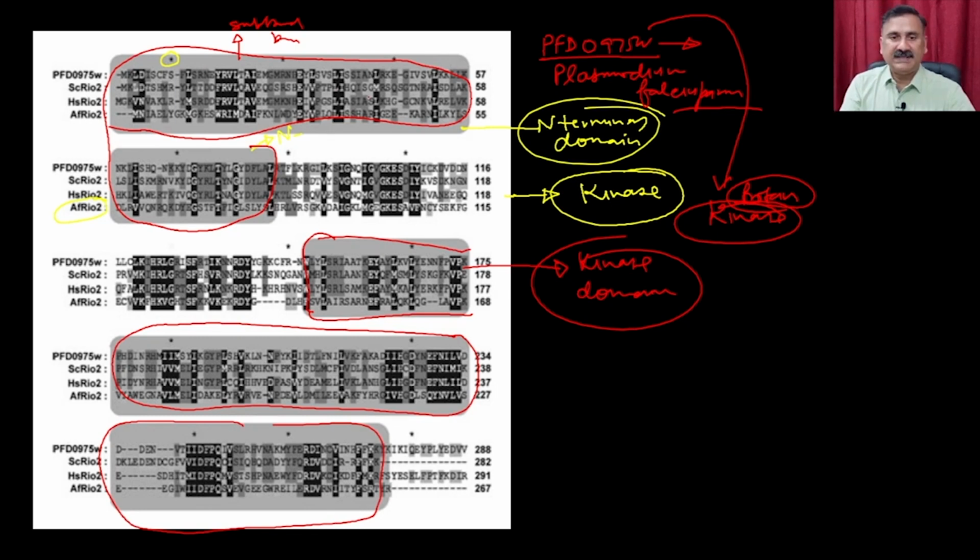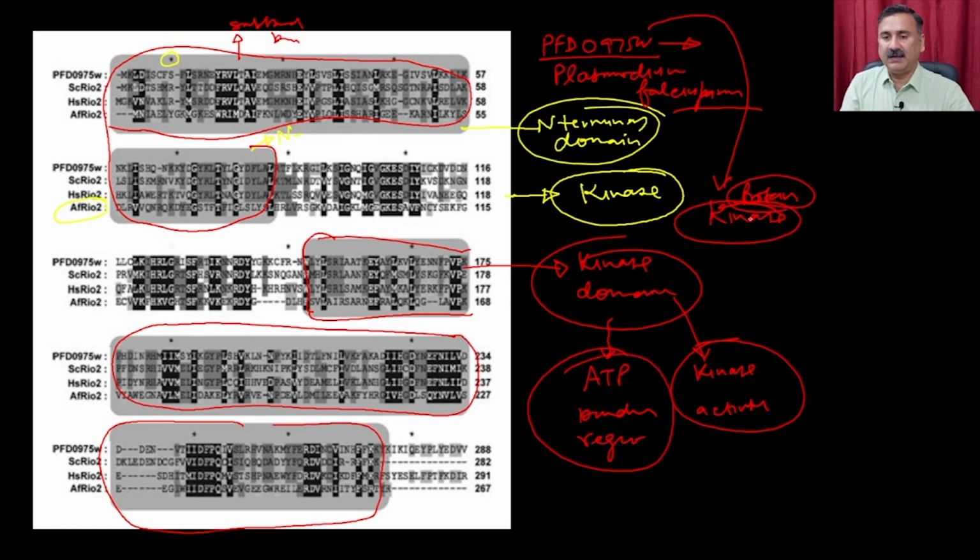Because the homology is less in this particular region, it is difficult to identify the substrate simply by looking at this. But at least we know that it has an ATP binding cassette, so it has the ATP binding region, and it has all the crucial amino acids which are responsible for the kinase activity.